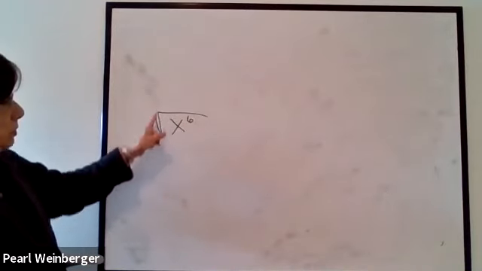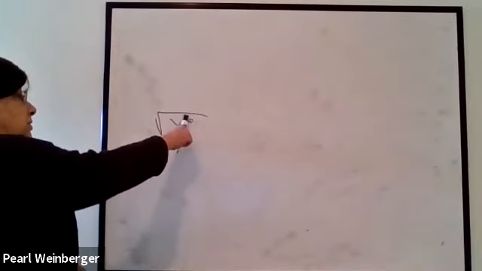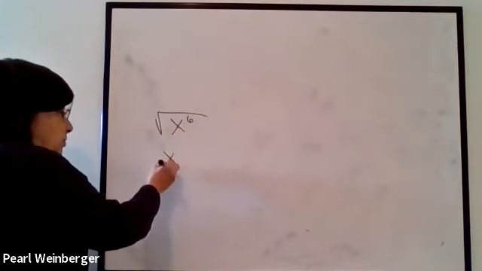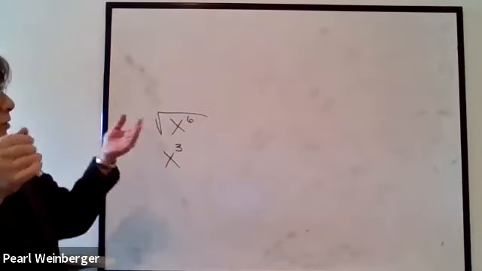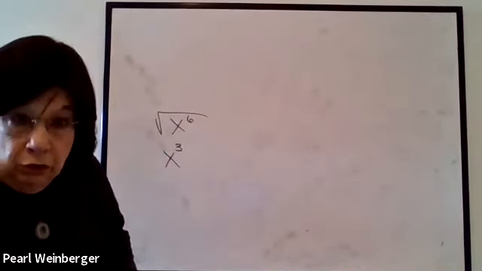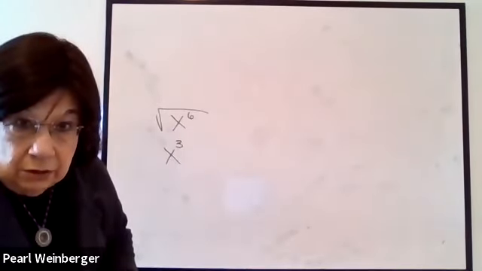Remember, the index is supposed to be the number in this check box, but there's no number here, so it's understood to be 2. So I do 6 divided by 2, and I get x to the 3. And notice it makes sense, because if you multiply x to the 3 by x to the 3, you're going to get x to the 6th.